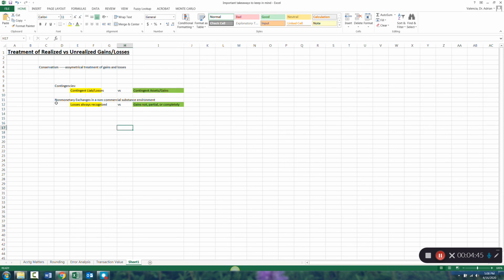Another place where we saw this was with the issue of non-monetary exchanges in a non-commercial substance environment. If you recall, with losses, if you have losses on your asset as you exchange it, you always recognize them in the non-commercial substance environment. But for gains, there's some restrictions.